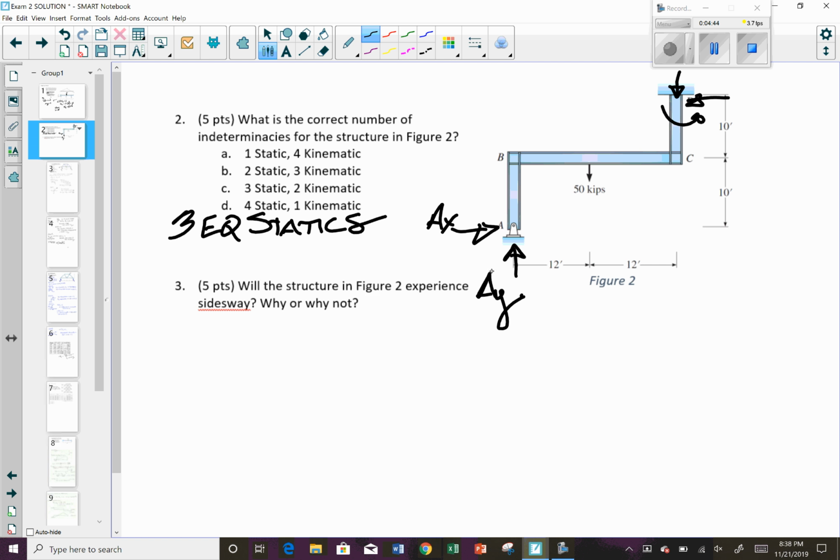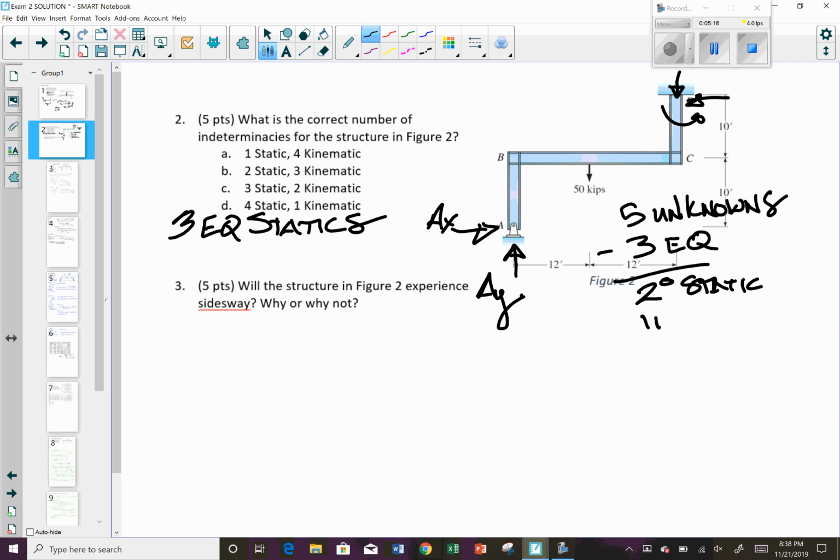So we have 1, 2, 3, 4, 5 unknowns, and 3 equations of statics. So we've got 2 degrees of static indeterminacy.